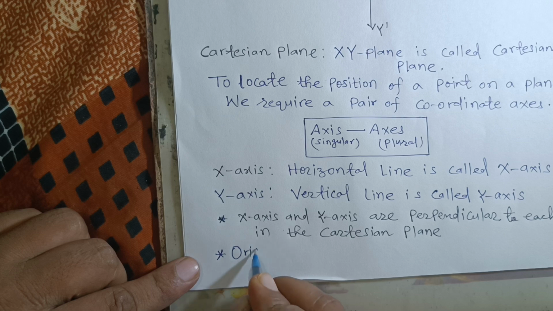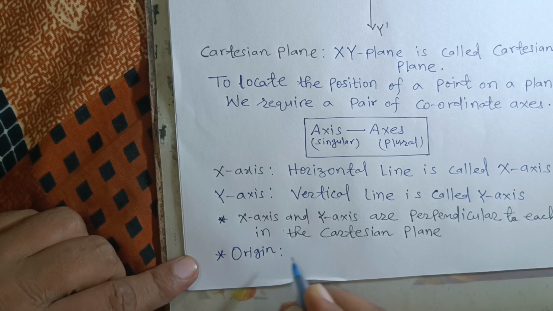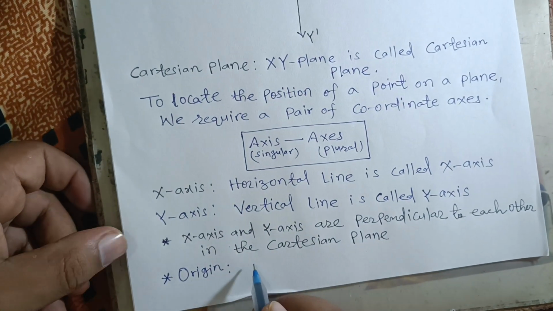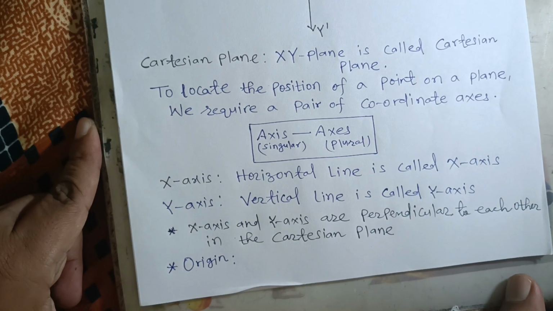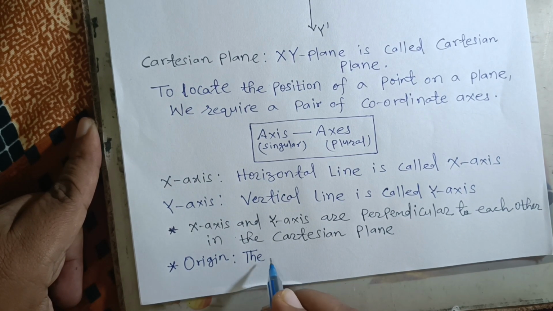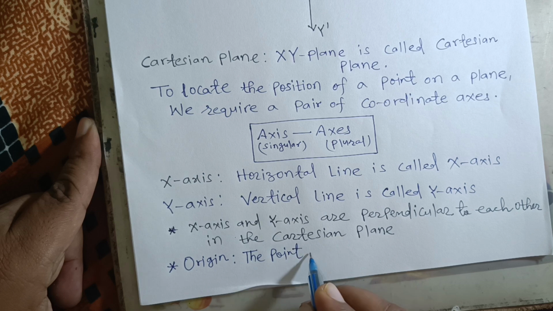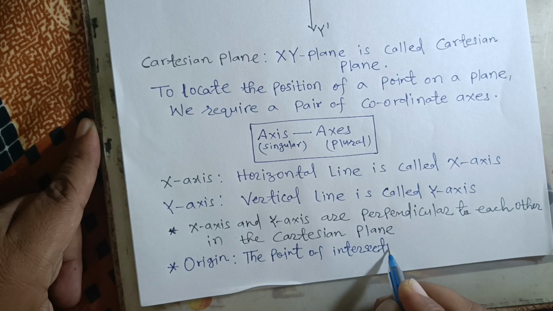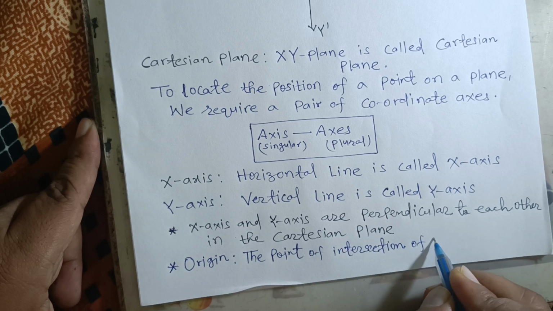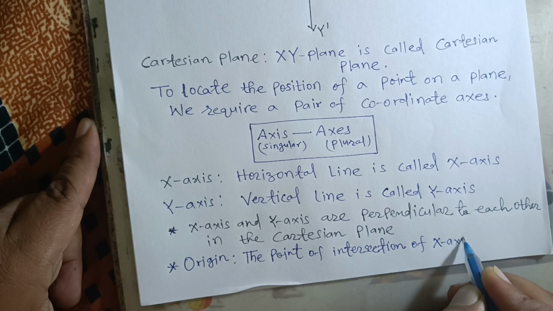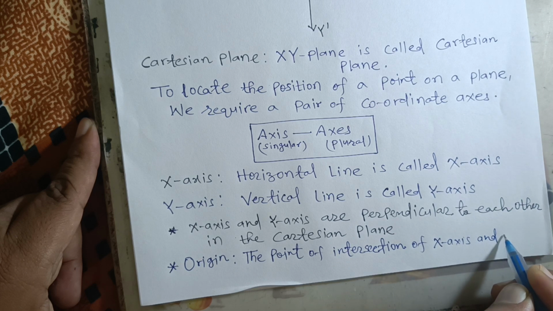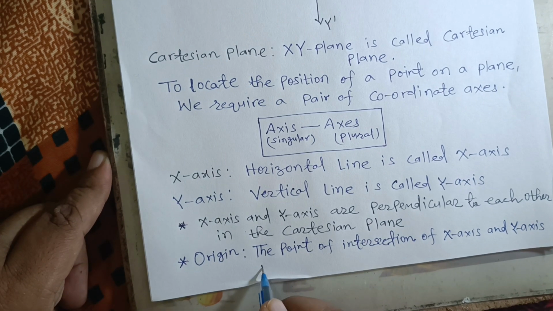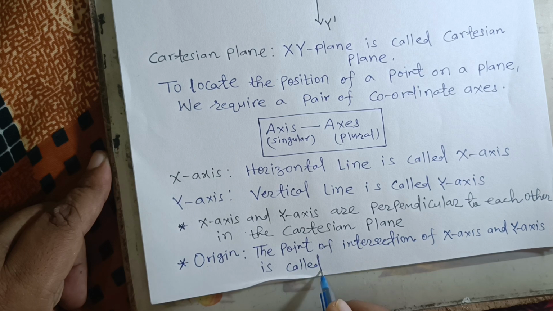Origin: the point of intersection of x axis and y axis is called origin.